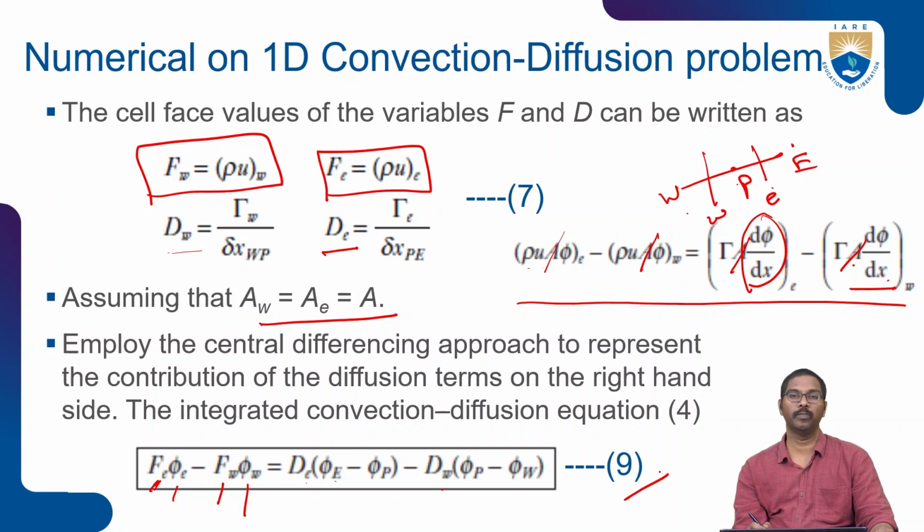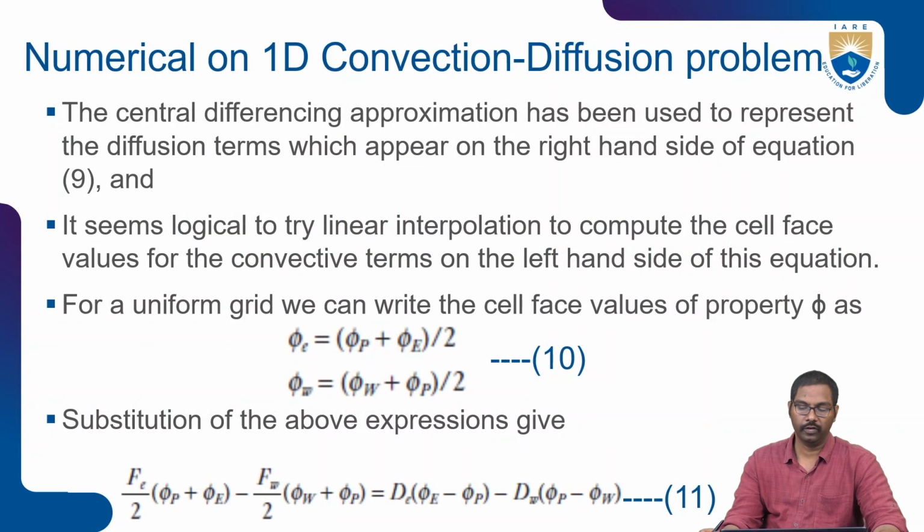So we can further simplify this equation with some constants. Since the central differencing approximation is used to represent the diffusion terms which appear on the right hand side of equation 9, for the left hand side convective terms, linear interpolation is applied.